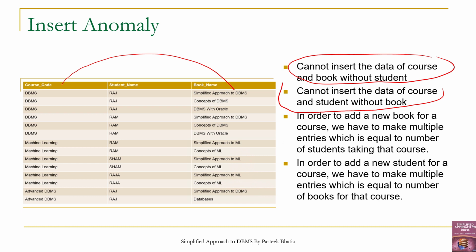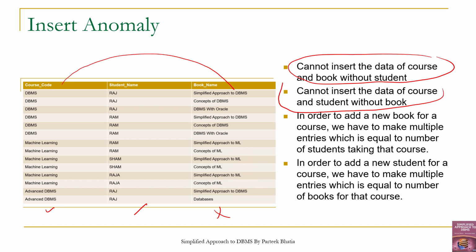Let's suppose a new course is launched which doesn't have any book in the market. I cannot store the information of course and student name without the corresponding book name. So these are the problems regarding insert in this database. It means that we cannot insert the data of any two columns without having the information about the third column, because the primary key is a combination of three columns.